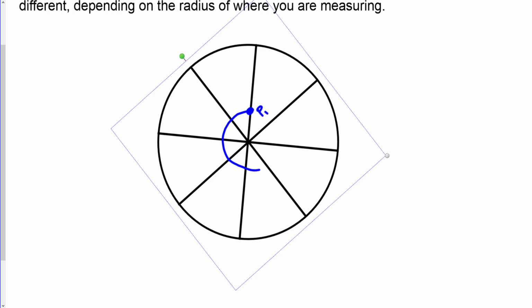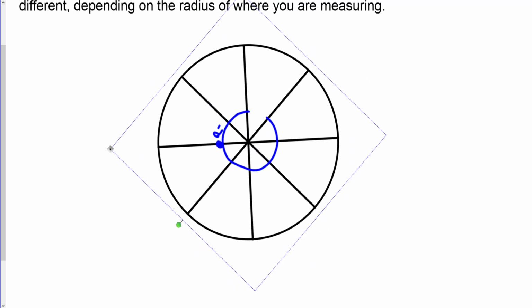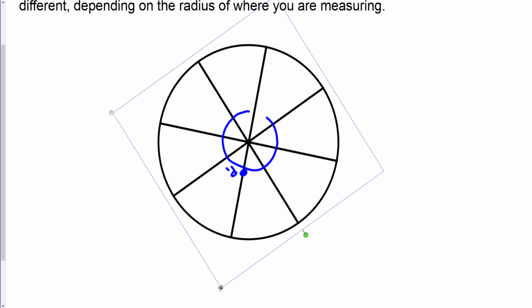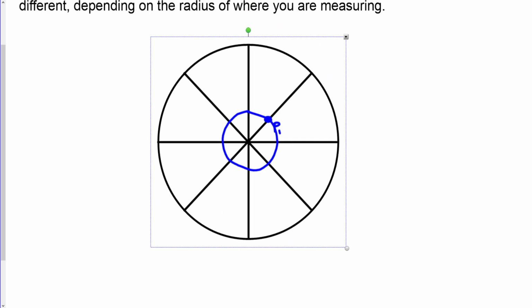So it would kind of rotate along this path right here. Notice how it traces out that path that I've drawn approximately, right? Obviously it's not perfect. Okay, so it travels along that particular path there.